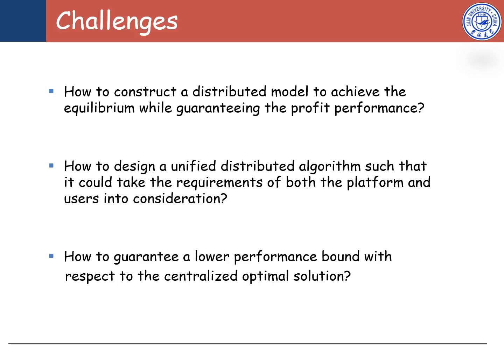So the second challenge is how to design a unified distributed algorithm that considers the requirements of both the platform and users. Finally, even if we find the distributed equilibrium state, the profit performance is not always optimal. So the third challenge is how to guarantee a lower performance bound with respect to the centralized optimal solution.